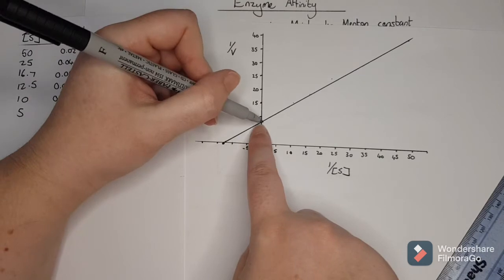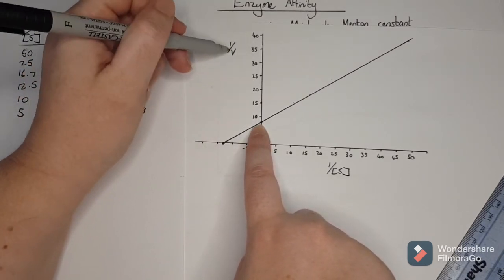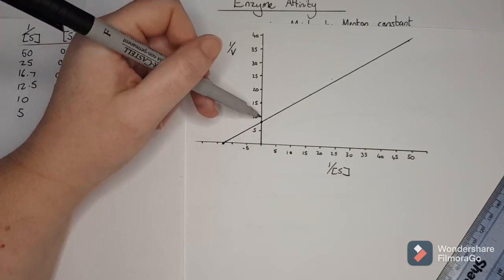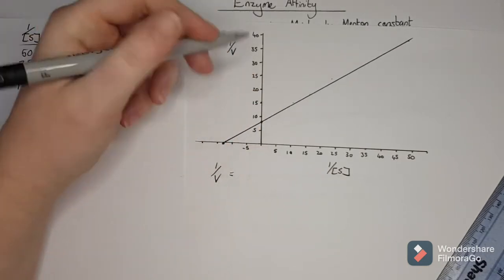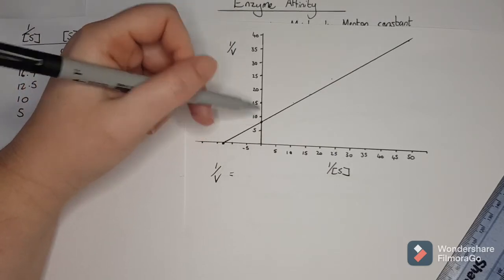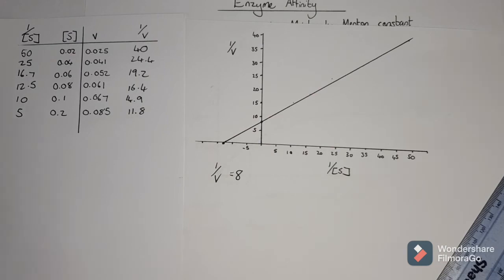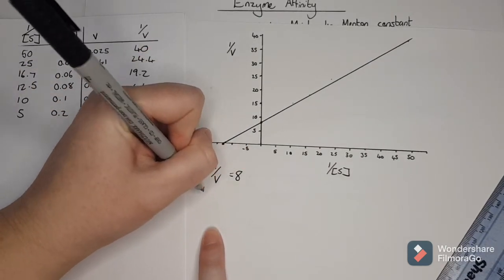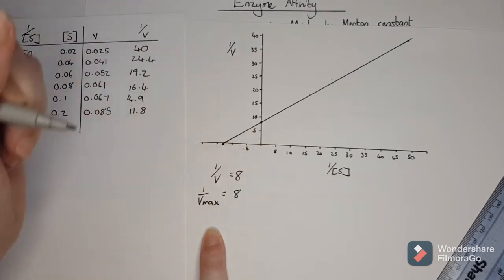So over here, through my y-axis, I've got 1 over V. I can say that my 1 over V looks to be approximately 8. And now I can get that as just my Vmax by saying 1 over the Vmax equals 8.